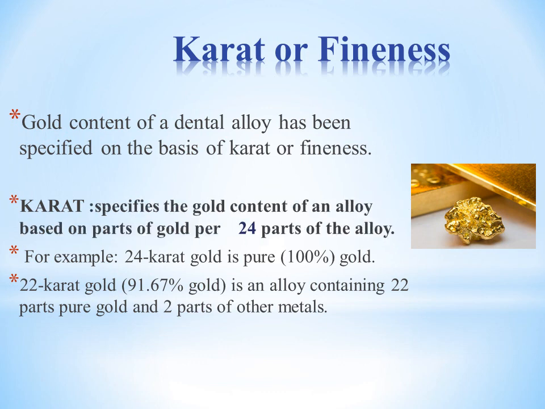It is said to be pure gold, and that means that it contains 100% gold. Similarly, 22 carat gold, this is 91.67% gold, and so basically in this the alloy contains 22 parts pure gold and 2 parts of the other metal. So it's basically concerned with the amount of gold per 24 parts of the alloy.